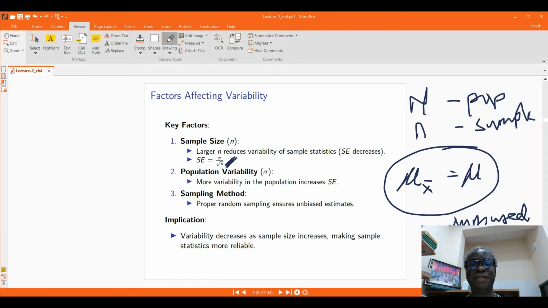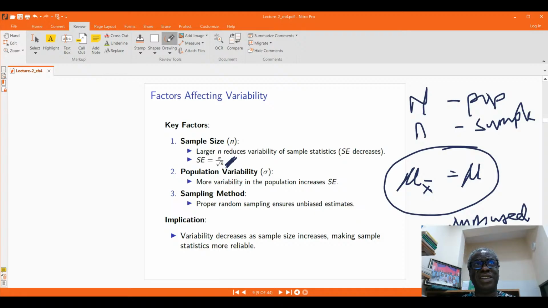Which means variability decreases as sample size increases. So we are always interested in small variability. Small variability in your standard error implies that you have a more reliable statistic.